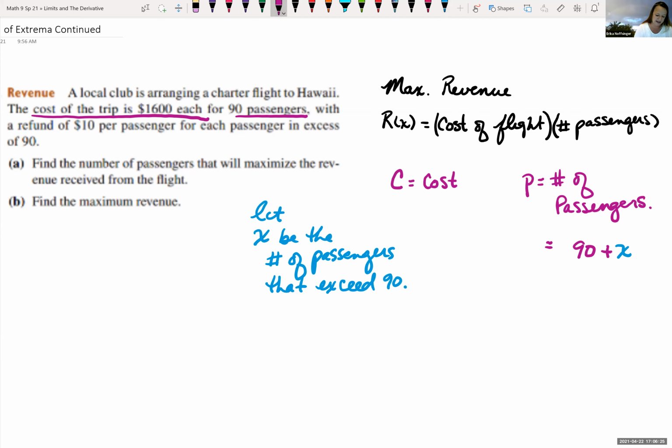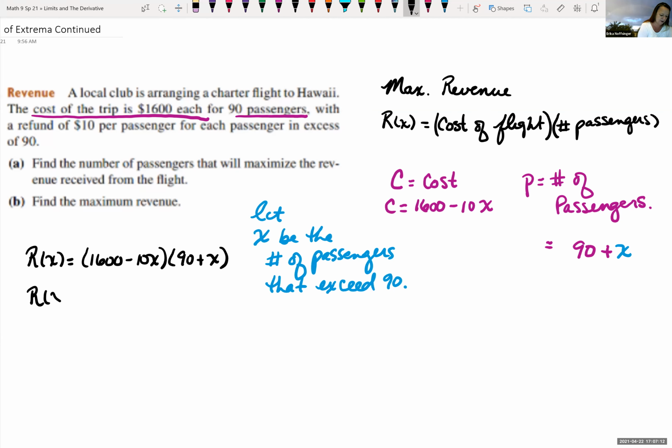So the cost is $1,600 minus $10 for every person that exceeds the 90, so times X. And so here we know the revenue is the 1,600 minus 10X, all times the number of passengers, which is 90 plus X. And we're trying to maximize this.